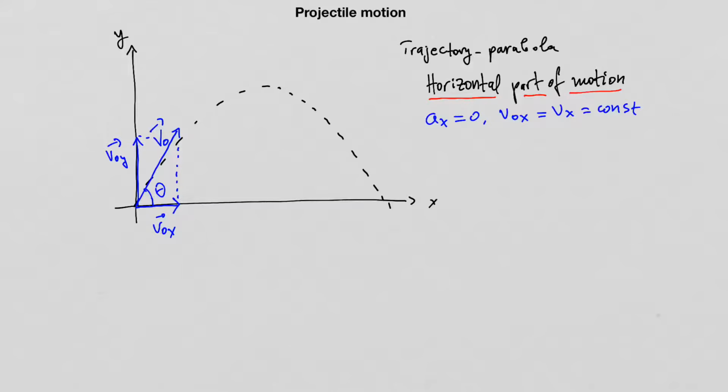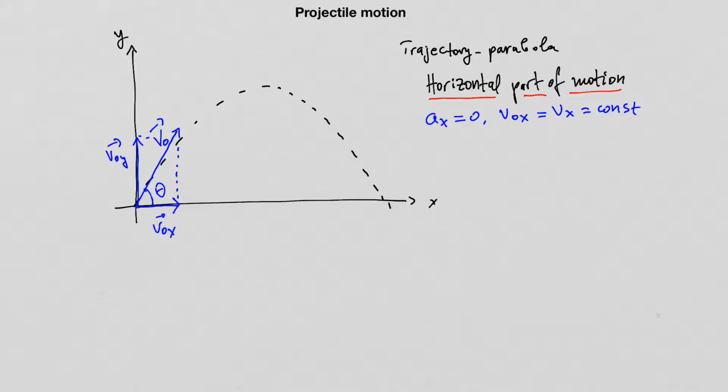For the horizontal part of the projectile motion, there is no acceleration during that motion. The acceleration in x direction is 0. And because of that, the x component of the velocity is always constant. So the initial x velocity is equal to the final x velocity, it is constant.